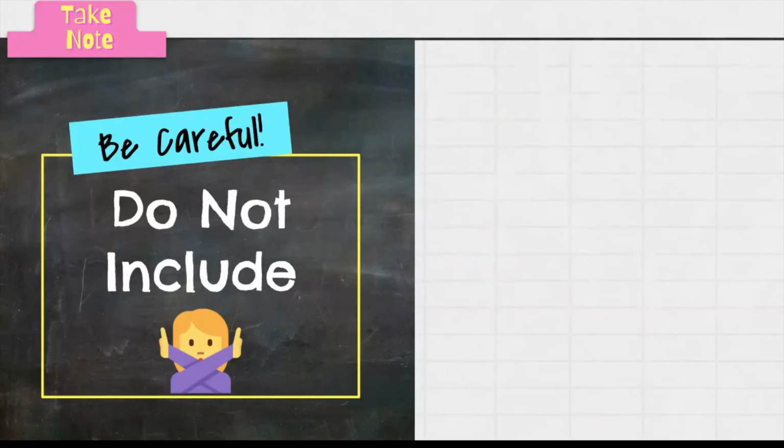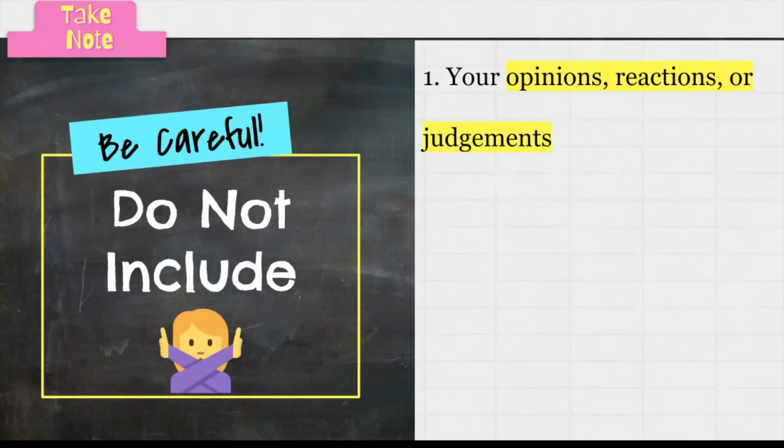Be careful because there are some things that we do not want to include in our objective summary. When we start writing, we might try to slip some of this in there, so let's make sure we watch out for it. Number 1, your opinions, reactions, and judgments. If you think candy corn is the grossest thing ever created and you don't even understand how it's a candy because the waxy nastiness makes you want to vomit, great.